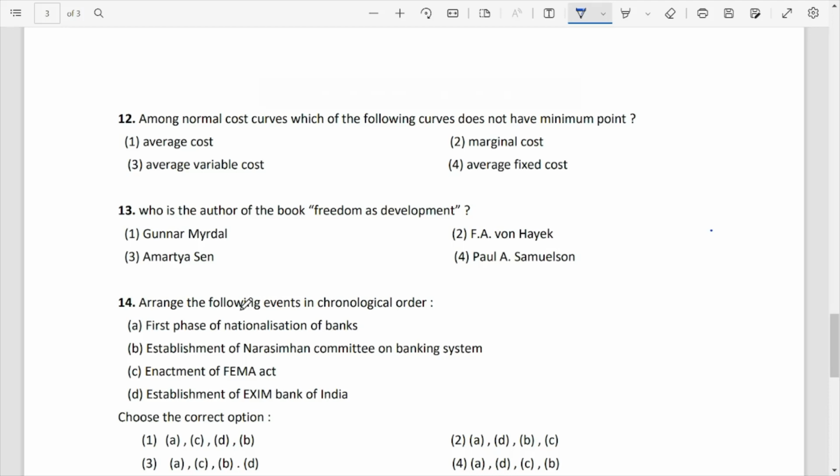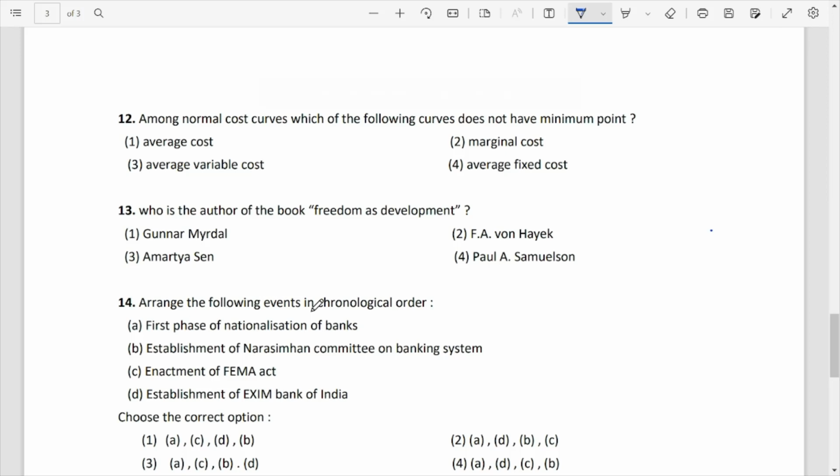Arrange the following events in chronological order. So you need to find the correct chronological order of these events. First phase of nationalization of banks, establishment of National Committee on Banking System, enactment of FEMA Act, establishment of Exim Bank of India.